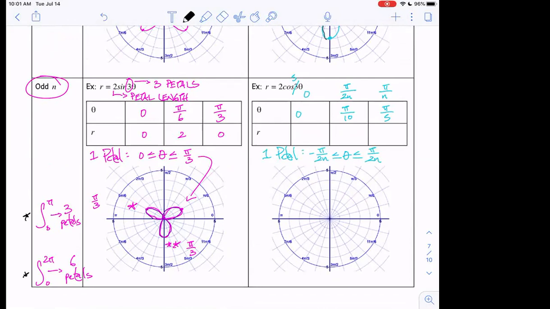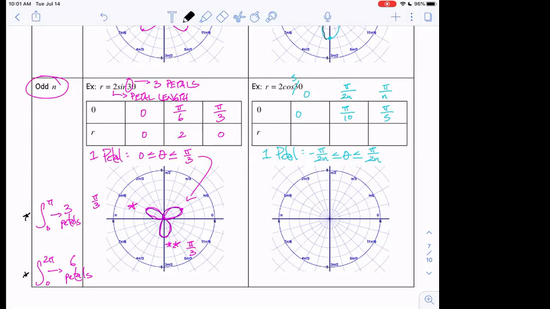So the picture might not look different, but we end up with a number that's twice as big as our friends who might be only integrating from 0 to pi, because we're double counting the layered petals. And so for odd values of n, we want to only integrate from 0 to pi, or go halfway around the unit circle, so that we only get the number of petals and we don't double count, okay?